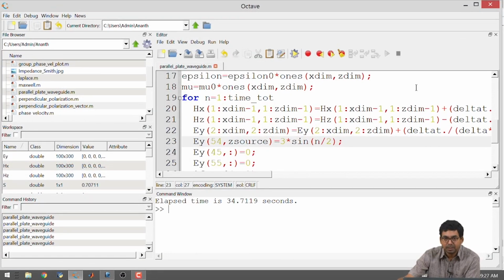There will be some beating between them. But there is no direct way to predict at which spatial location, at which instant of time, you will have which field pattern. It is just beating.